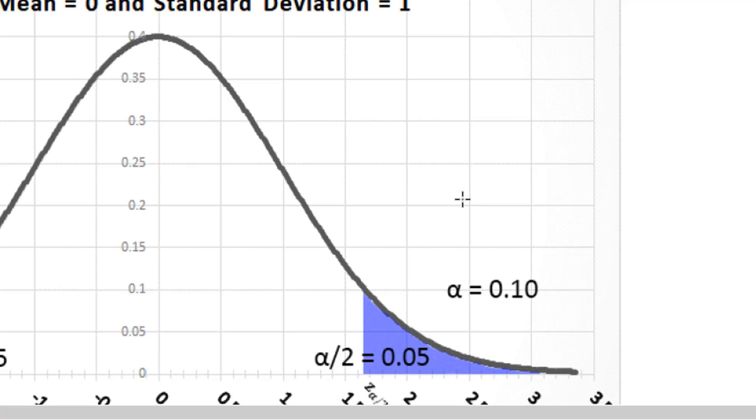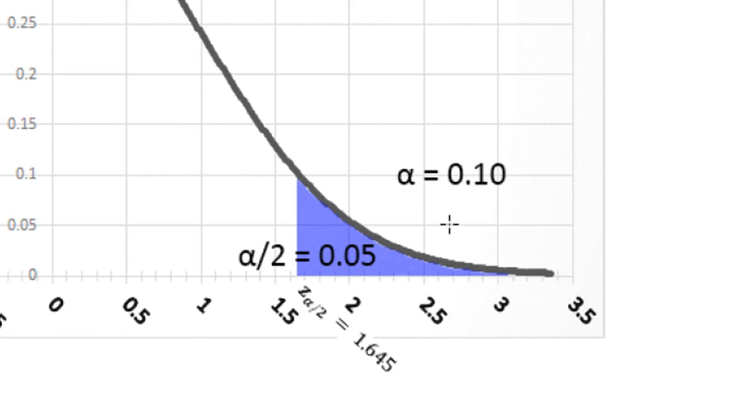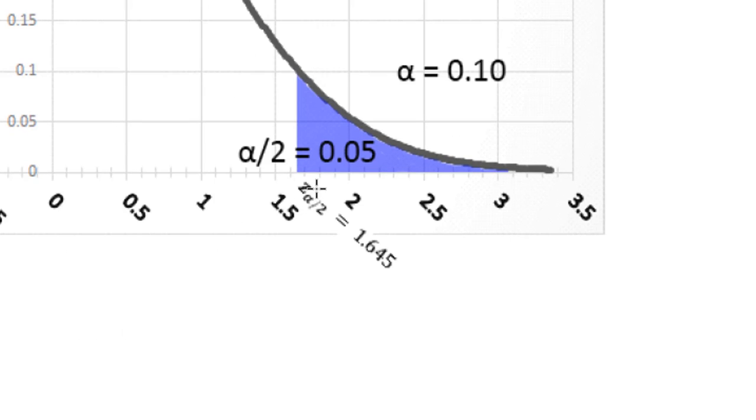And if we saw that, our result would be 1.645. So here's 1.5, 1.6, and 1.645. Looks like that's about right here. We would have a z of alpha over 2 of 1.645.